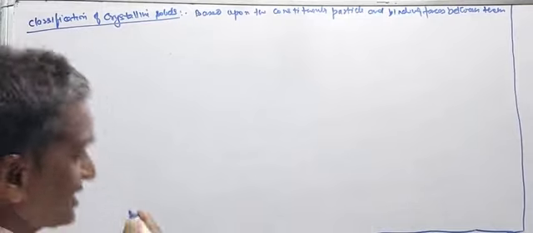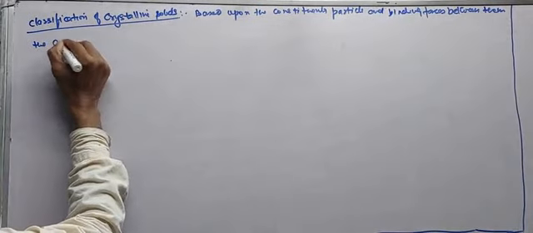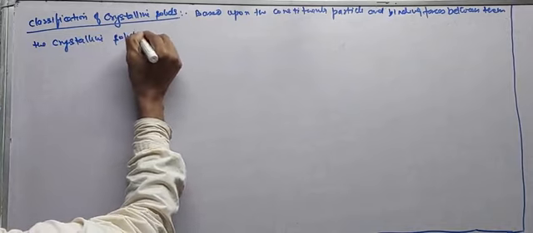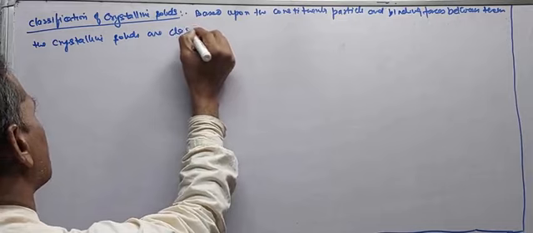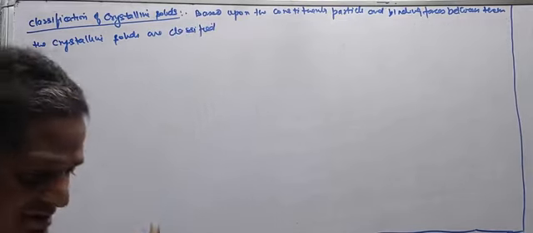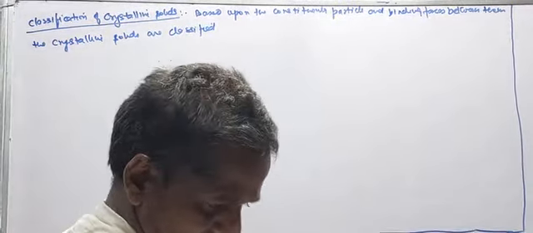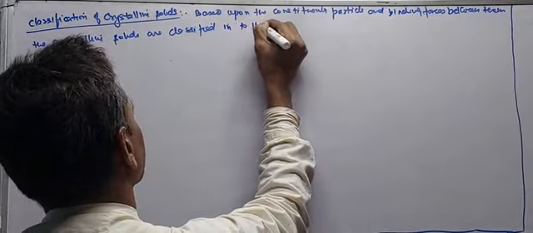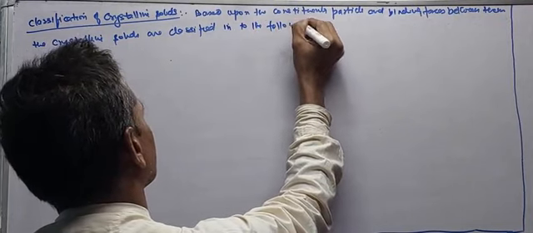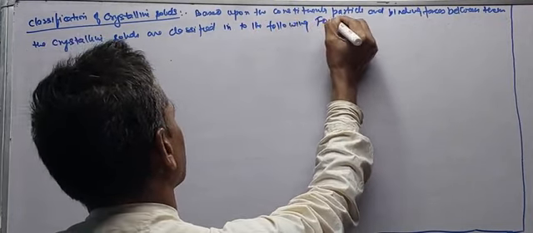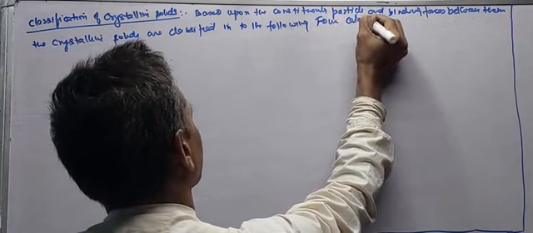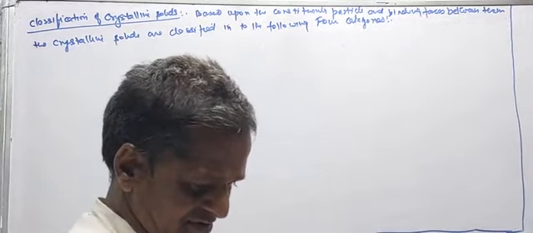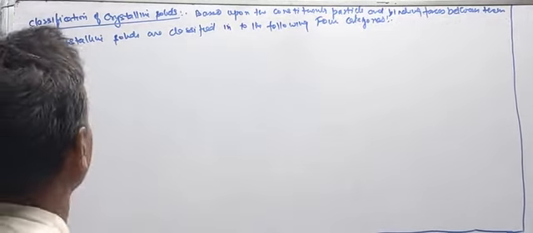The crystalline solids are classified into the following four categories. Number first, ionic solids.